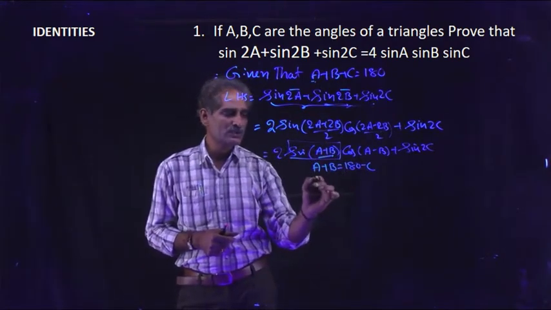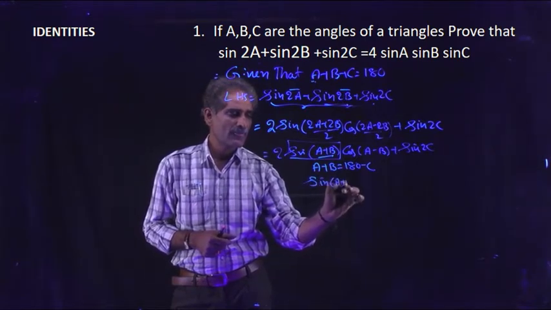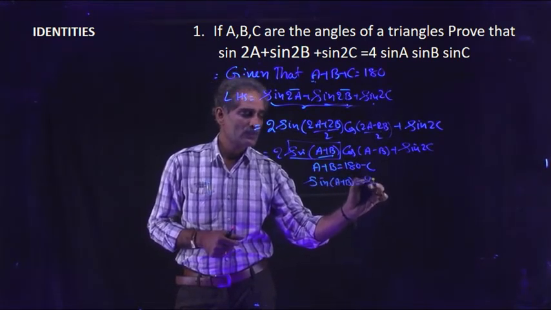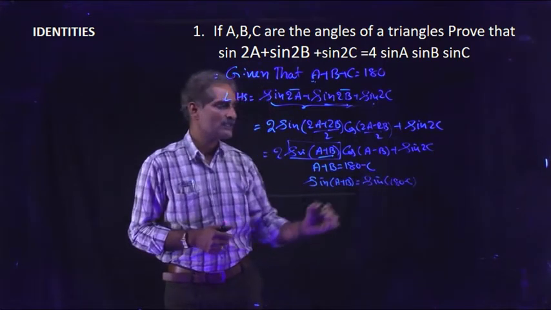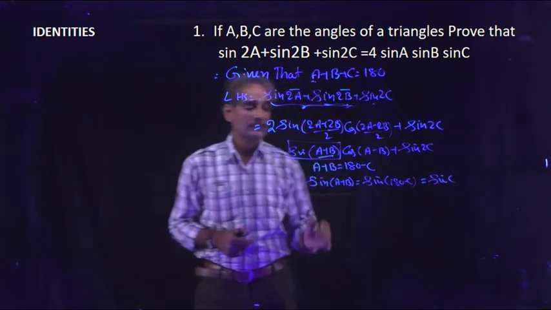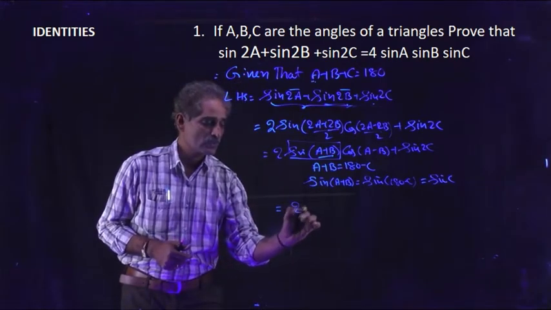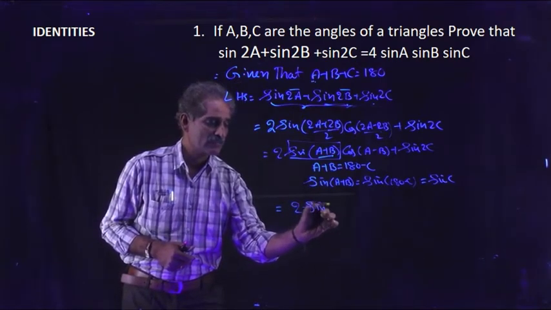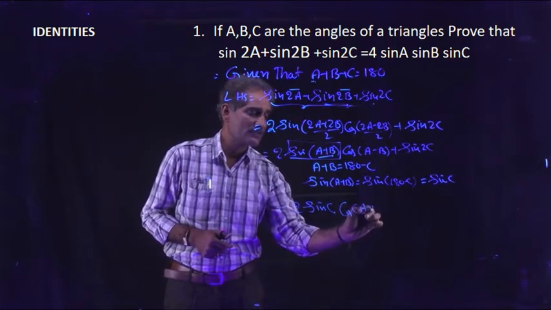Apply sin on both sides. Sin (A plus B) is equal to sin (180 minus C), that is equal to sin C. Okay, just replace sin (A plus B) by sin C here: 2 sin C into cos (A minus B).